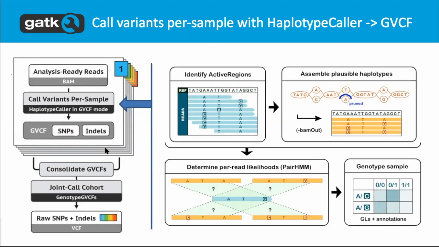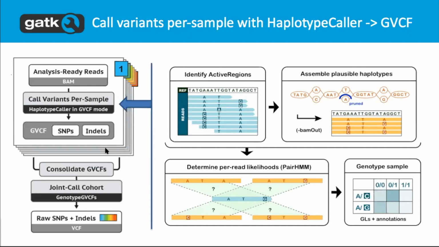So the way HaplotypeCaller is going to work is it's going to do a lot of work under the hood when it's looking at any given region of the sequence. And so the first thing we want to do, just to be economical, is we're not going to do all the work on all the sequence, because there are large areas of sequence where it's obvious that there are no variants, where there's only a tiny sprinkling of things that are clearly errors.